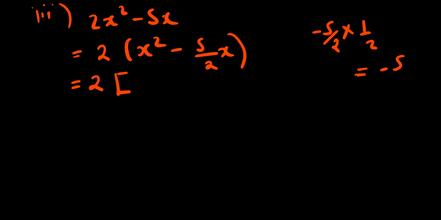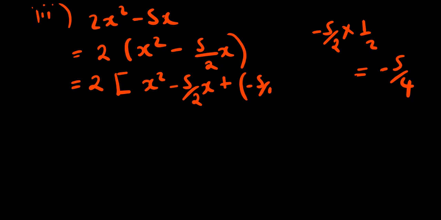You are going to have negative 5 over 4. So you are going to square this as well. So what are we going to have? We'll have x squared minus 5 over 2 x, plus negative 5 over 4 squared, minus the same expression, negative 5 over 4 squared.